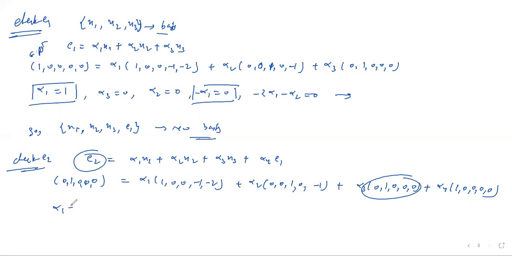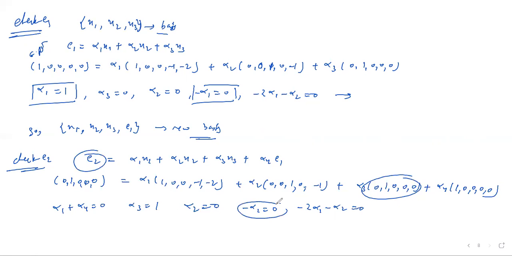This will form a linear combination, but we'll just check it. So it will be alpha 1 plus alpha 4 equals 0, alpha 3 equals 1, alpha 2 equals 0, minus alpha 1 equals 0, and minus 2 alpha 1 minus alpha 2 equals 0.